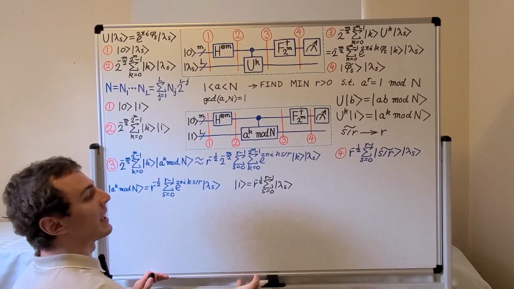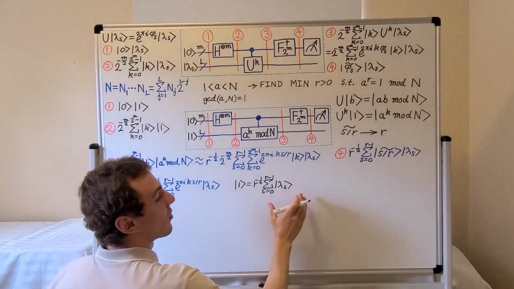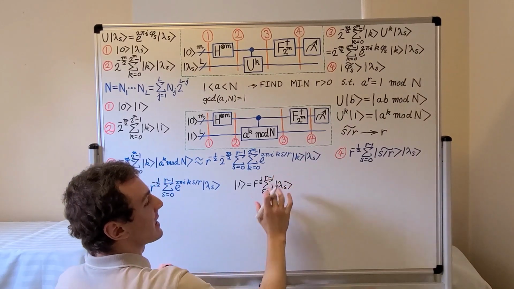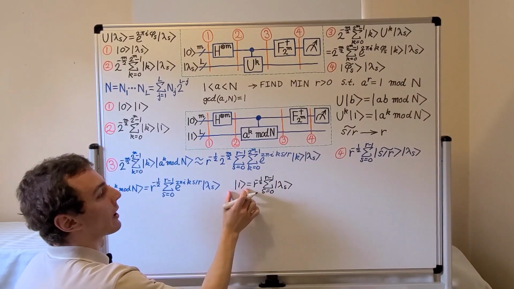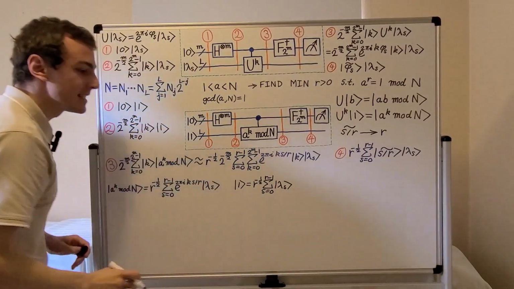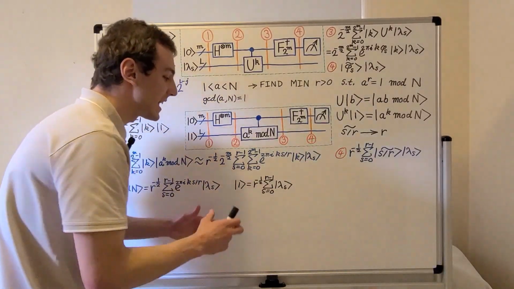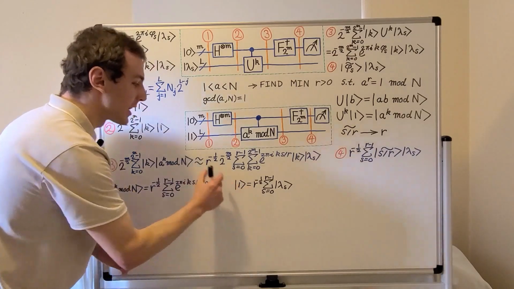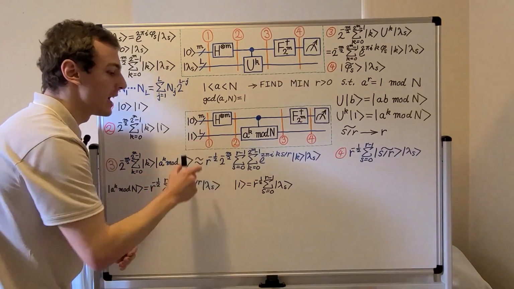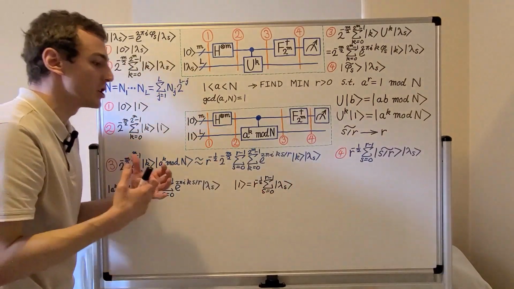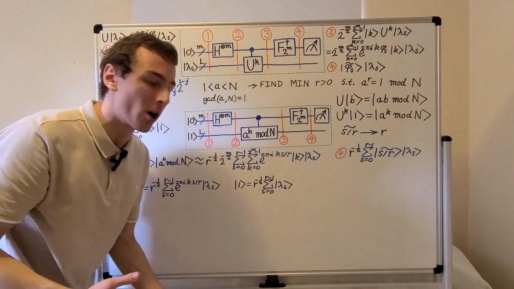And so now we have a superposition of all of these eigenstates of u. And these eigenstates in this superposition are equivalent to 1. And why is this special? This is a very special relationship because it allows us to initialize the L qubit register in a superposition of eigenstates of the unitary operator u without any knowledge of r.